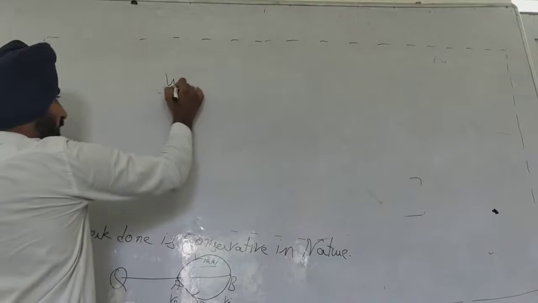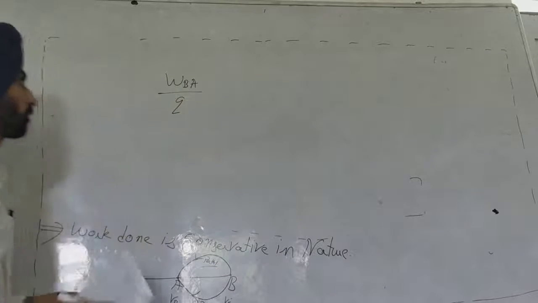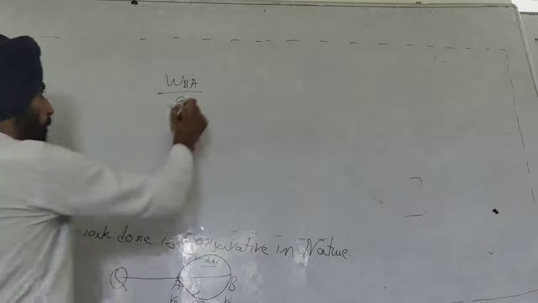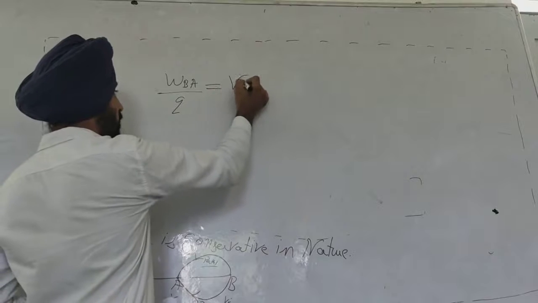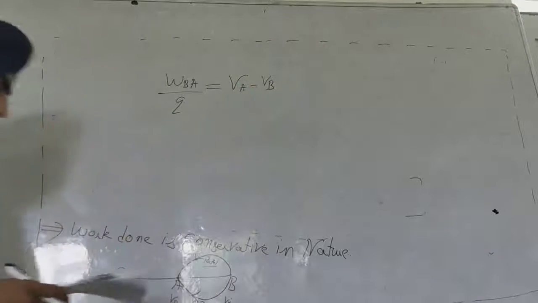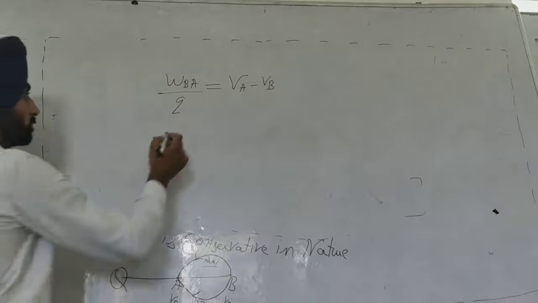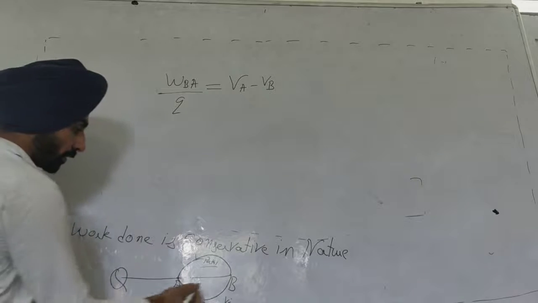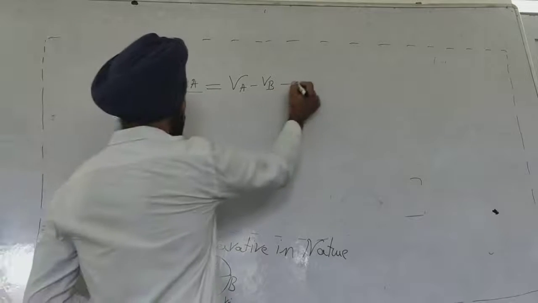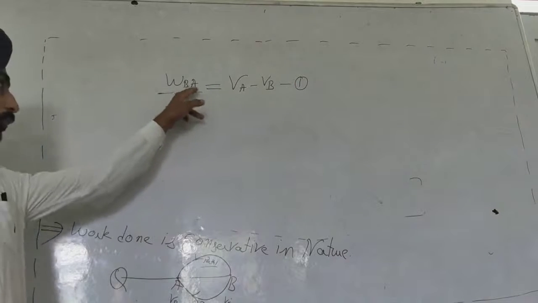So we are bringing the test charge from B to A. The work done will be equal to the potential difference between these 2 points. So this will be equal to this, number 1, when you are bringing it from B to A.